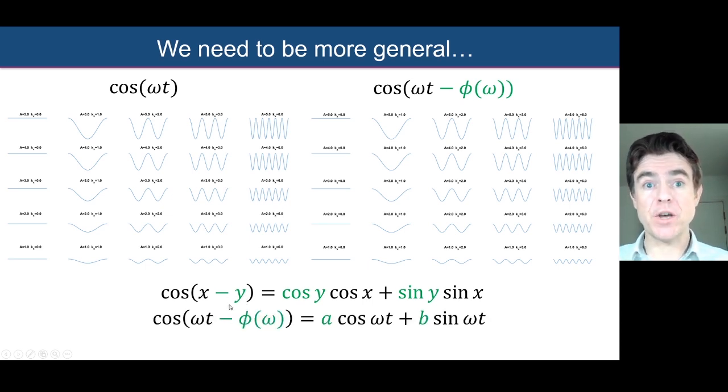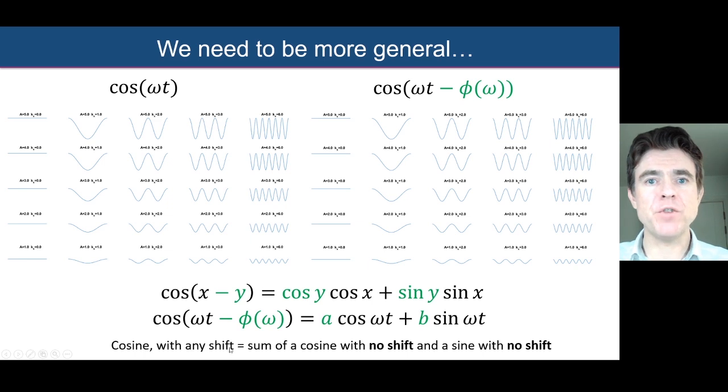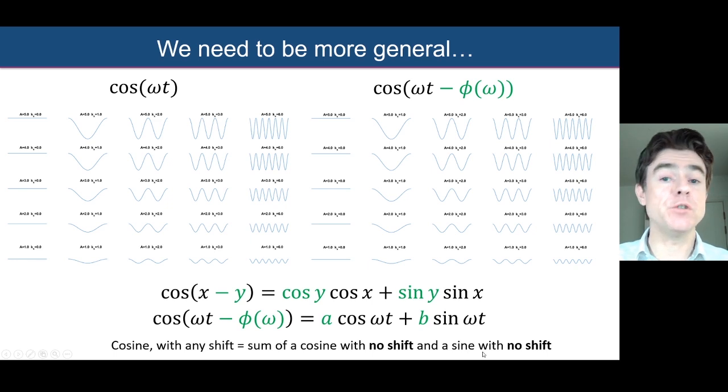And so we're going to say, well, actually, our cosine with a phase shift is none other than a cosine with no phase shift added to a sine with no phase shift, where all that matters is the relative amounts, here I'm calling them A and B, of a cosine and sine, which will give you a cosine with just a different shift according to the relative amounts of A and B. So a cosine with any shift is just equal to a sum of a cosine with no shift and a sine with no shift. So we're going to make use of this now to generalize the mathematics that we've developed thus far.